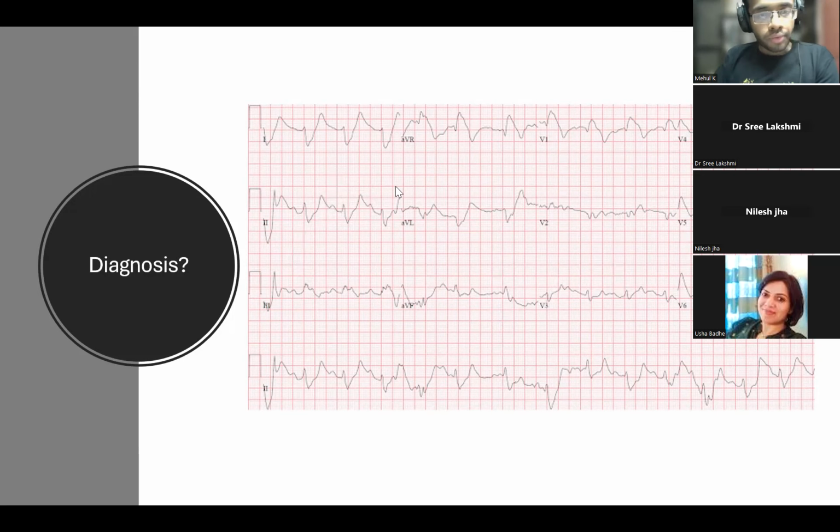There are other supportive findings, like some degree of first degree AV block, which is a soft sign of this condition, and you can get some elevation in V1 as well, which is a pseudo-STEMI pattern. It's not a real STEMI.